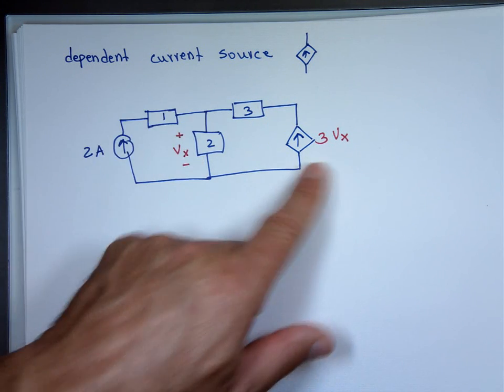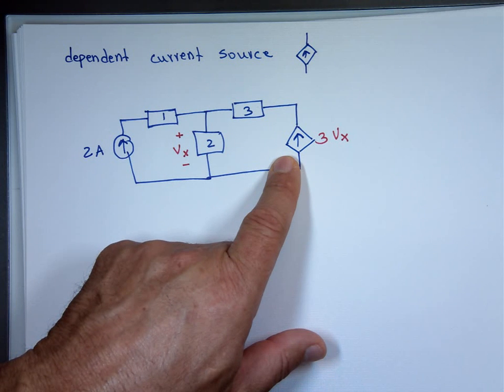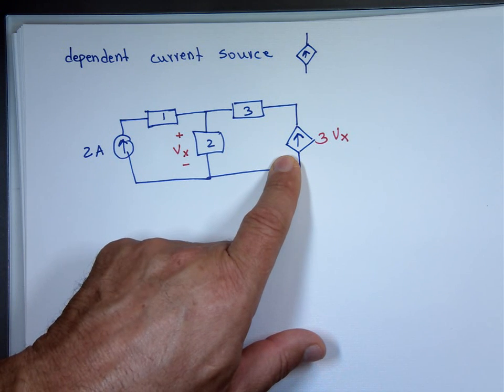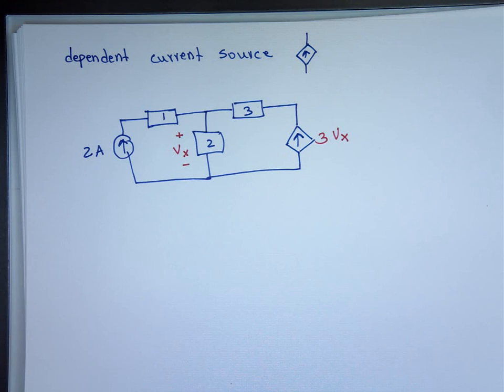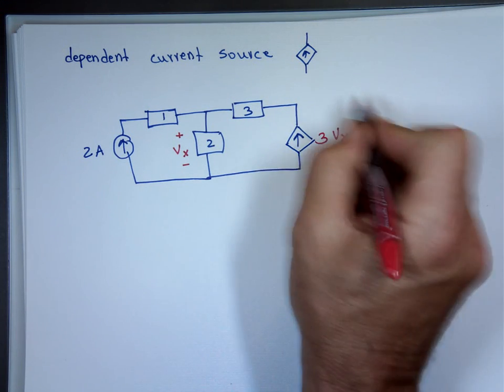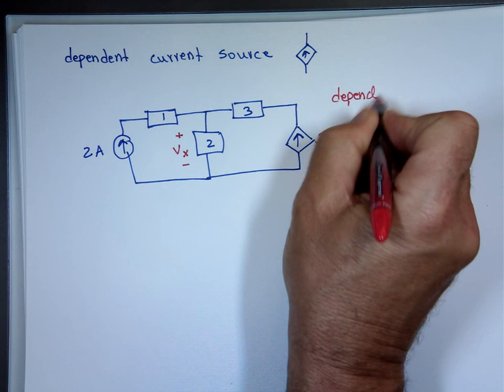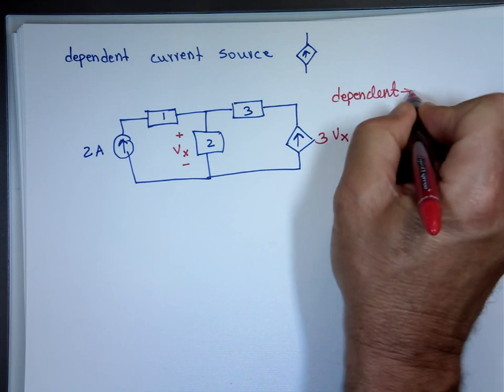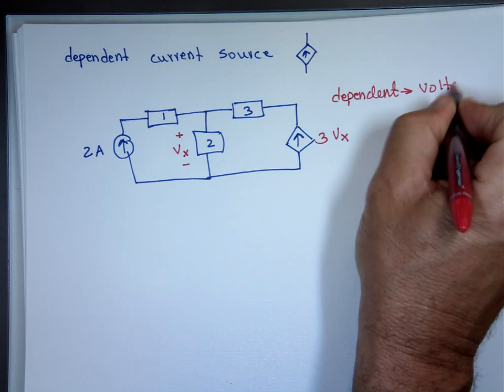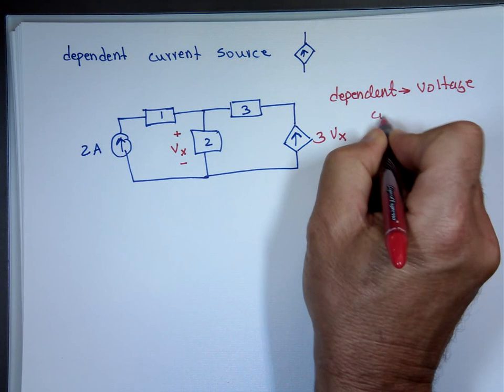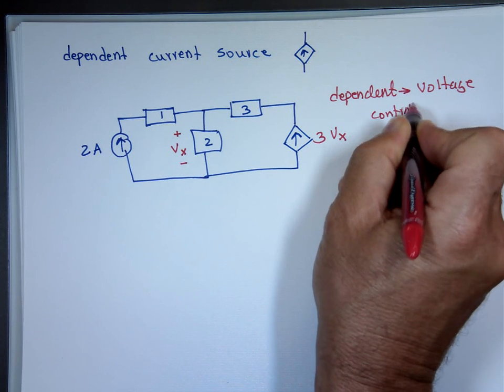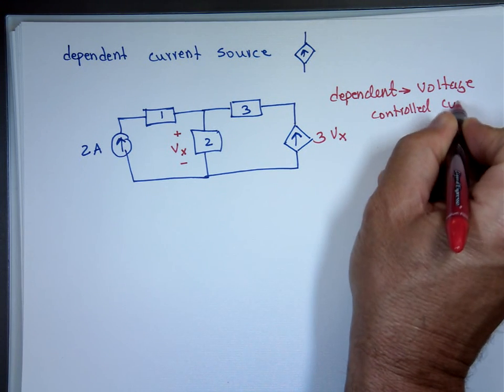That's known as a voltage controlled current source. It's controlled by the voltage. It is a current source. So this is actually a dependent voltage controlled current source.